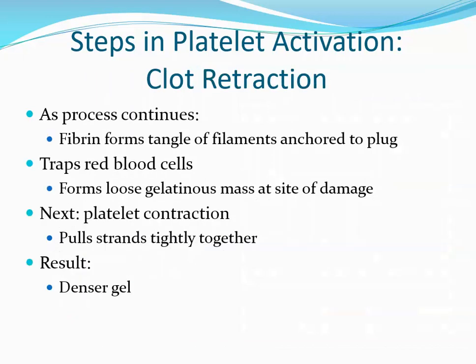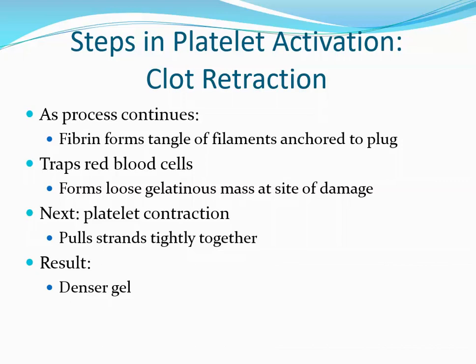The last step in platelet activation is clot retraction. As the process continues, fibrin will form this tangle of filaments that will be anchored to the surface of the plug. This also ends up trapping red blood cells as they pass through. This is what results in this loose gelatinous mass at the site of damage. We need to consolidate this mass.